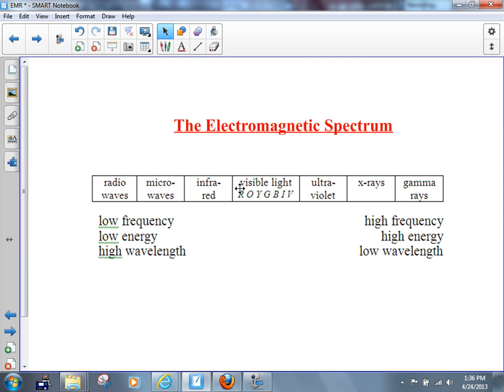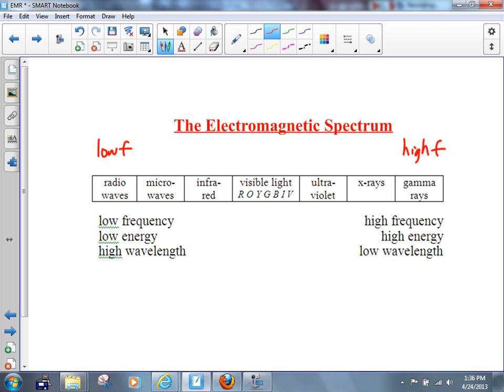Notice that we've got these classified in 3 different ways in terms of frequency, energy, and wavelength. Radio waves have the lowest frequency. Gamma rays have the highest frequency. Similarly, radio waves have the lowest energy. Gamma rays have the highest energy.